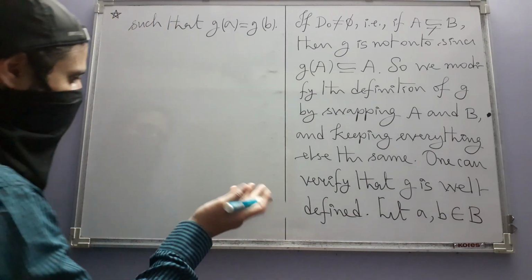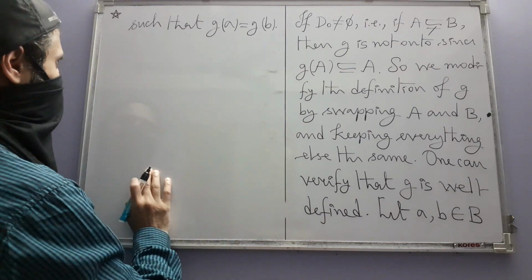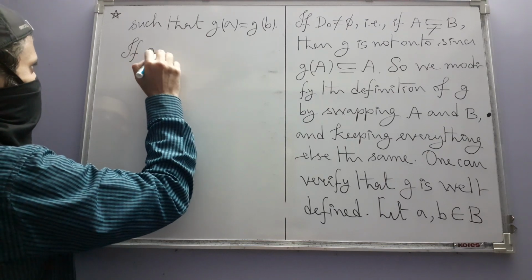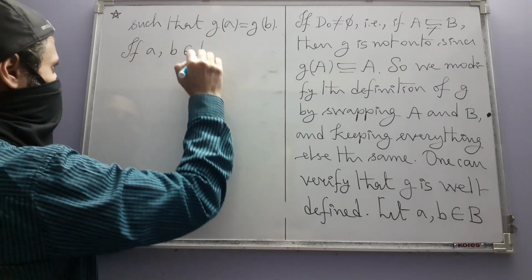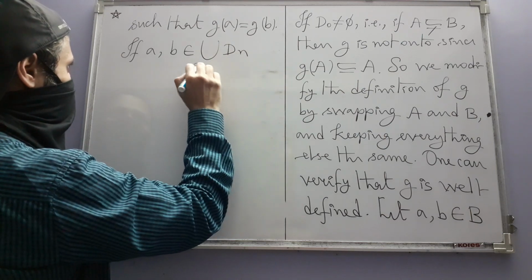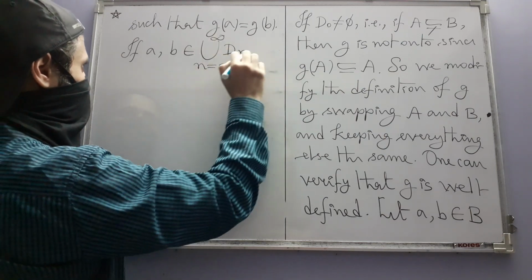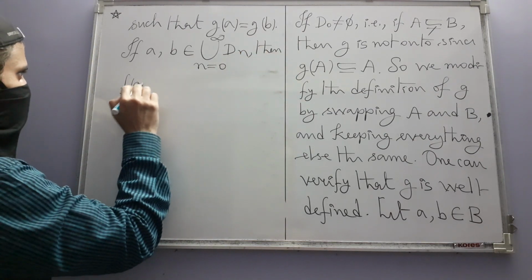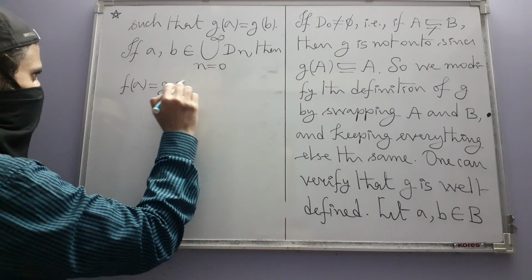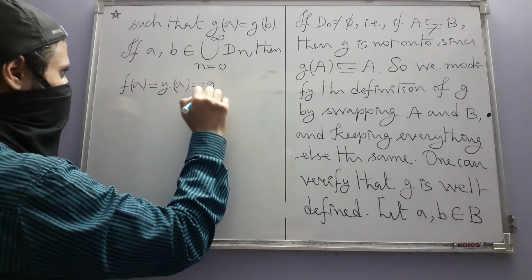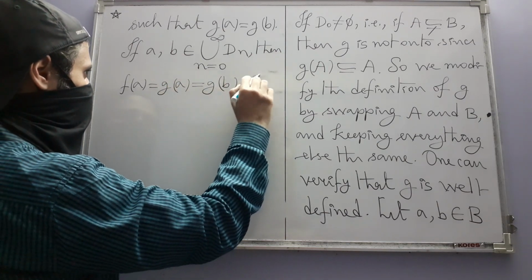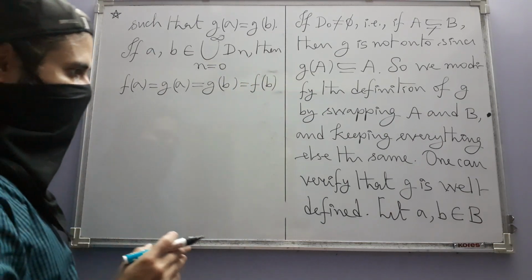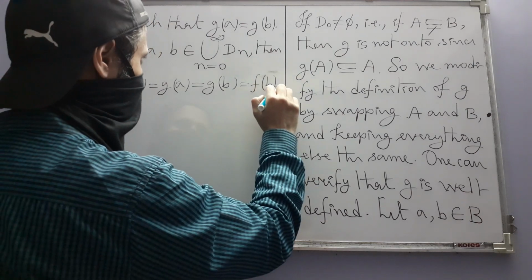But now the cases will come, because G is partly defined. If A and B both belong to the union, then f of A is G of A and f of B is G of B. But we already know that f is a bijection and hence an injection.